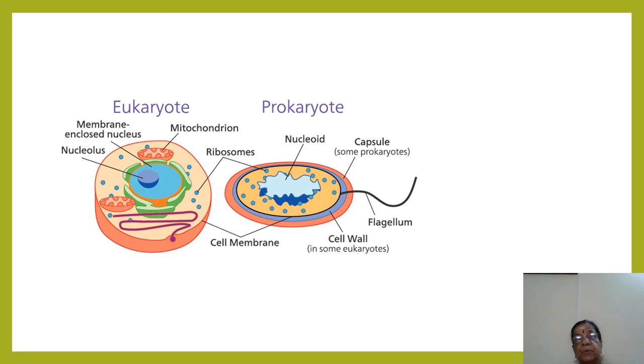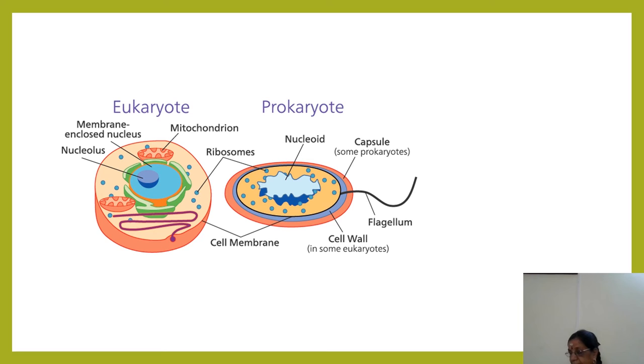In the prokaryote, the nuclear material without a nuclear membrane is called the nucleoid or incipient nucleus. So this is the prokaryotic structure. Well-defined cell organelles are present in eukaryotes, whereas prokaryotes are only unicellular. I hope you understand this difference.